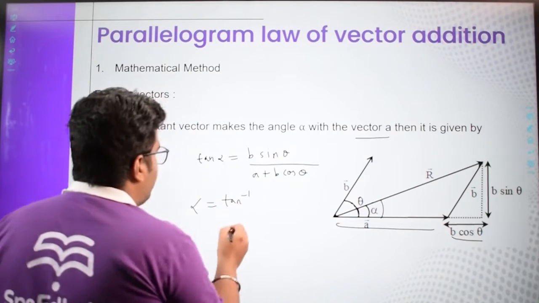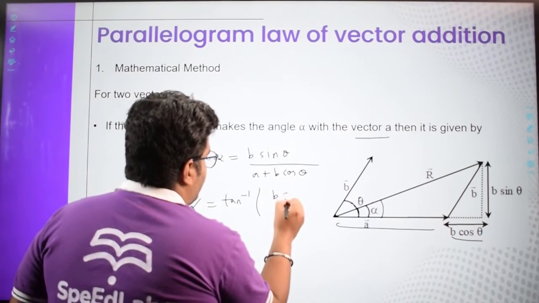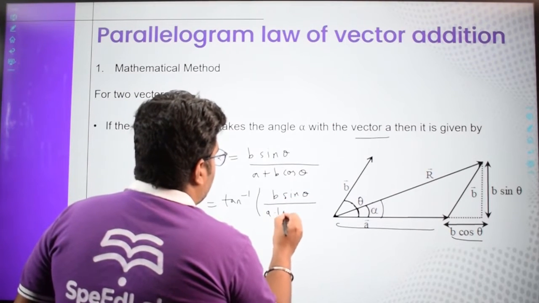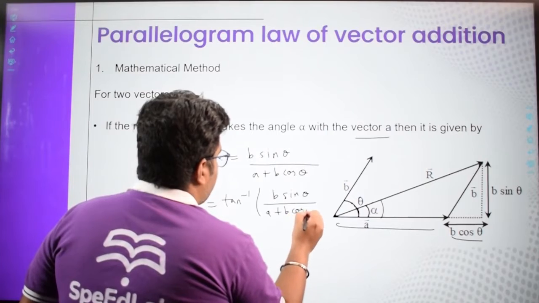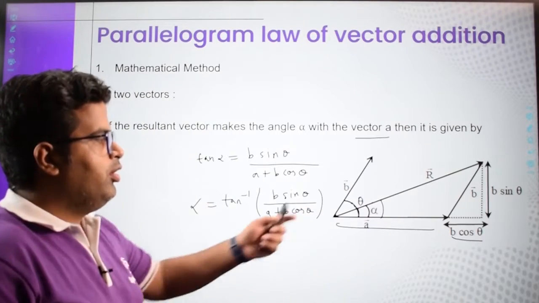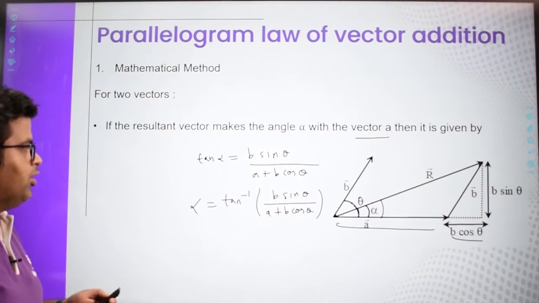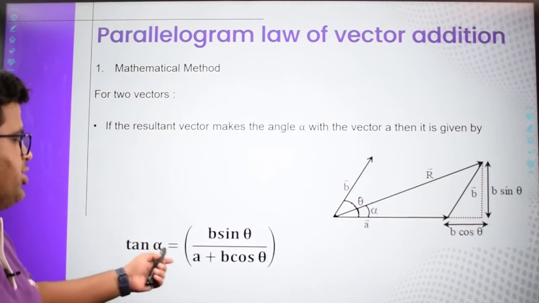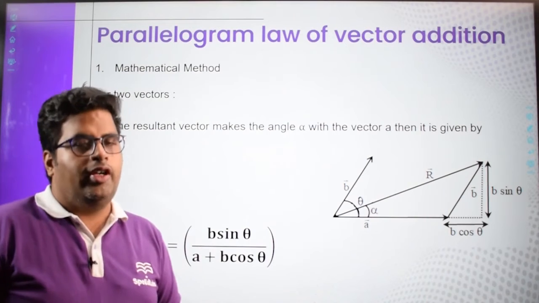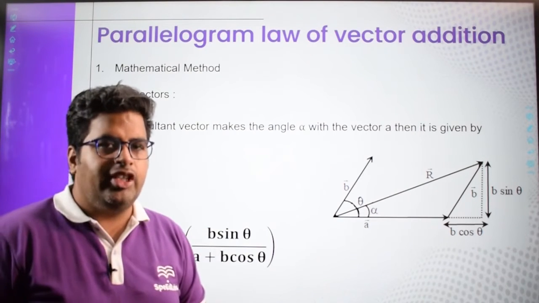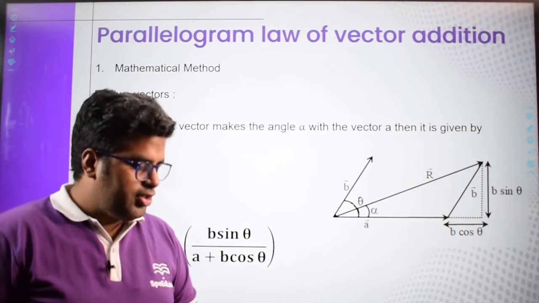So alpha equals tan inverse of b sine theta upon A plus b cos theta. That's the angle alpha which we have calculated. So that's your final result: tan alpha is b sine theta upon A plus b cos theta, or simply alpha is tan inverse of b sine theta upon A plus b cos theta.